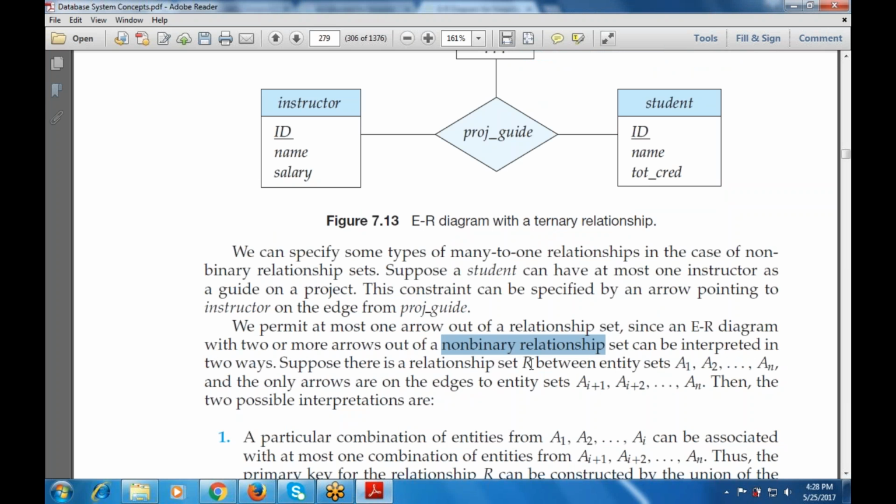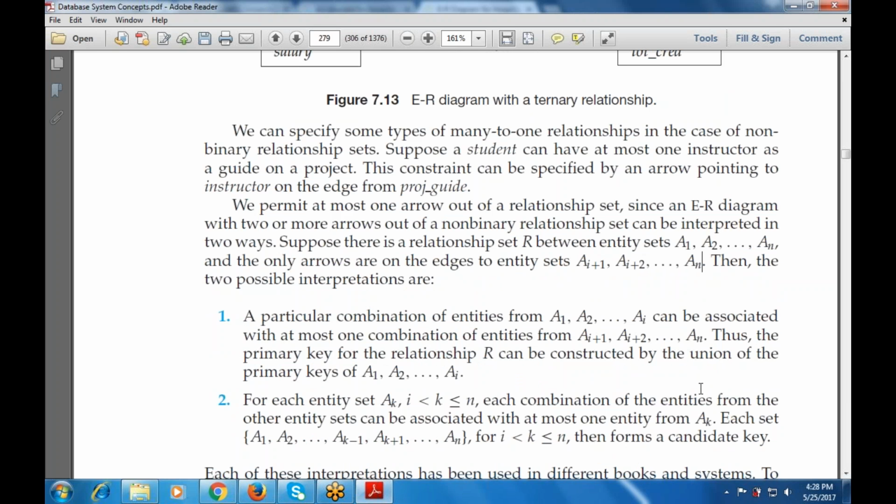Now suppose there is a relationship set R between entity sets A1, A2 and AN, and the only arrows on the edge to the entity sets are A(i+1), A(i+2) till AN. And the possible interpretations are associated with the combinations of A1, A2 till Ai with A(i+1). That means the next element of the entity sets. So therefore, the primary key for the relationship R can be constructed by the union of the primary keys of A1, A2 till Ai.